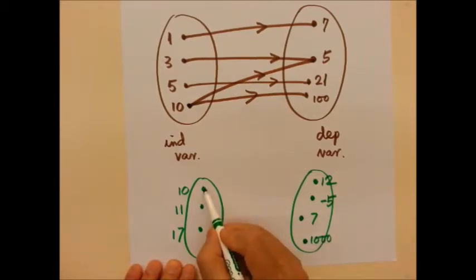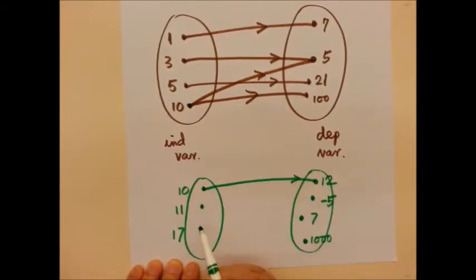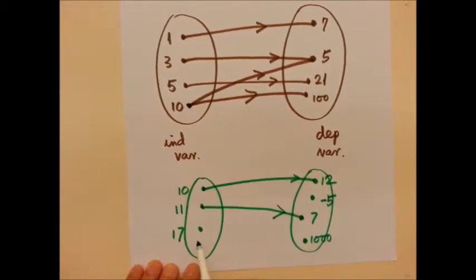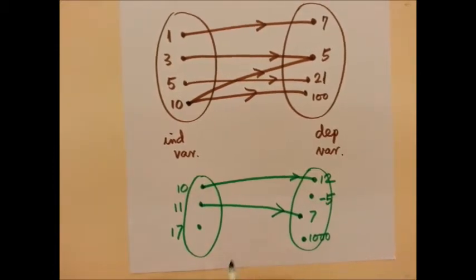Now, the 10 comes out to be 12, and when you input the 11, the product is 7. When you put the 17, there's nothing on the right-hand side corresponding to it. So this time, it's not a function, because for the input 17, there's no value corresponding to it. So it's not a function.